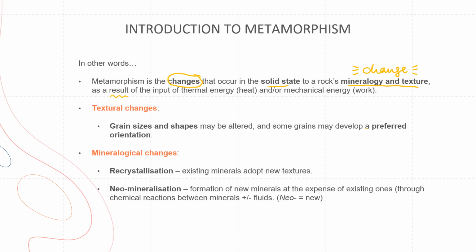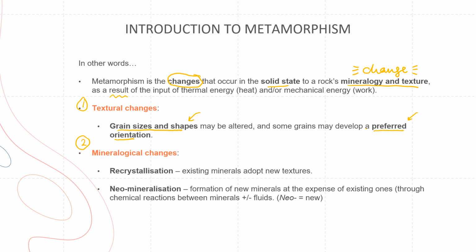So we have here textural changes and mineralogical changes. So textural changes, we are talking about the grain size and shape. So grain sizes and shapes may be altered, and some grains may develop a preferred orientation. So when we talk about textural changes, it's the size and shape of grains and their preferred orientation. That's the kind of change that it has.